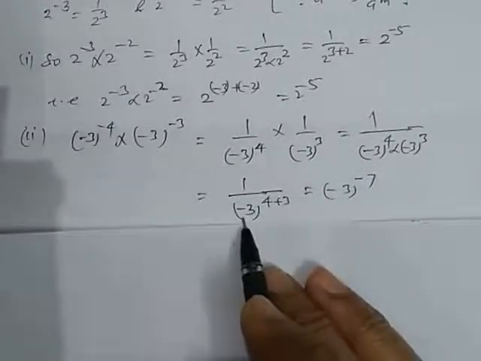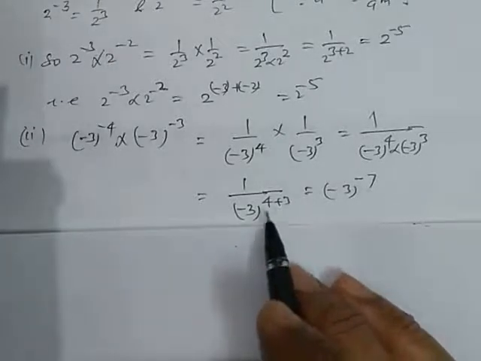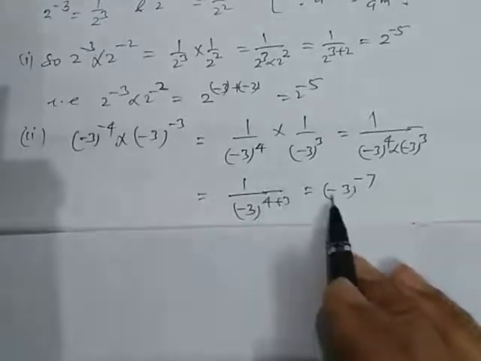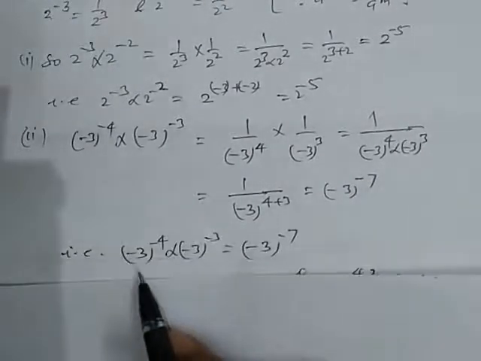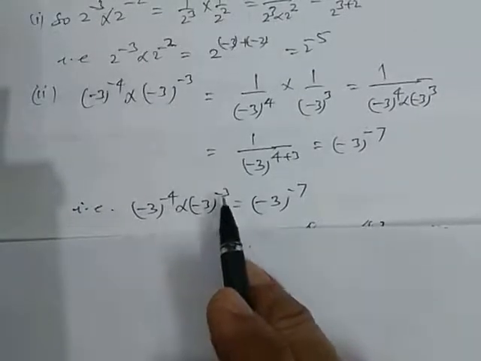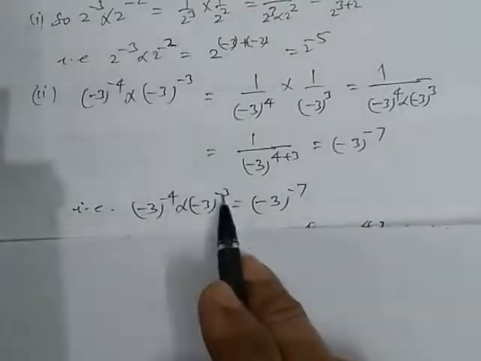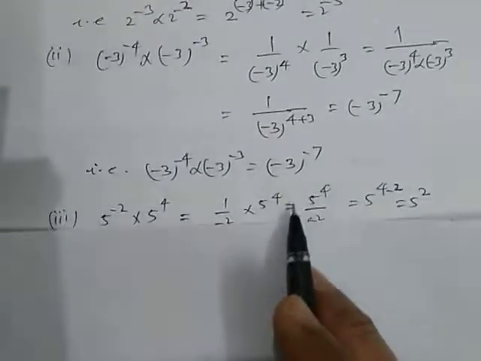So we get 1 upon minus 3 power 4 plus 3, that is 7. So by bringing it to the top, it becomes minus 3 power minus 7. And directly we can say that for minus 3 power minus 4 and minus 3 power minus 3, the powers are added. So minus 4 and minus 3 become minus 7. So we can directly do this.